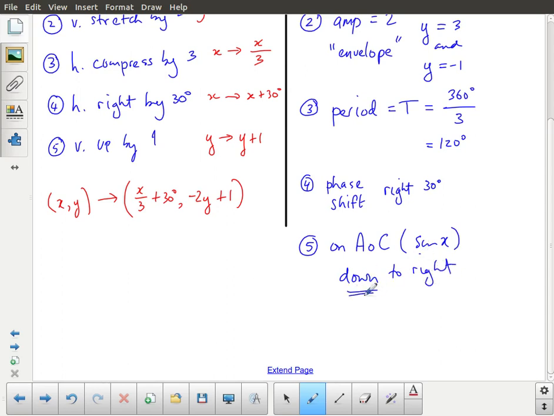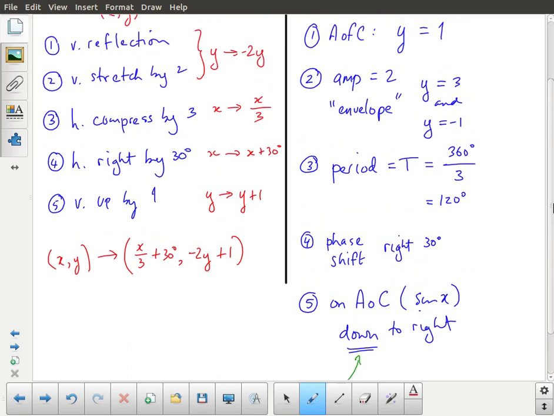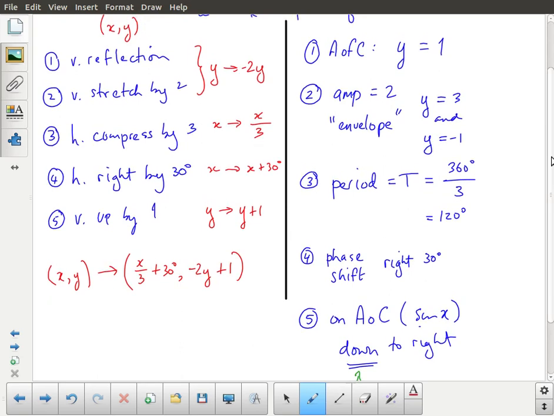And this part, the fact that it's going down here, that's because of the vertical reflection. So hopefully that's clear. Now, these things always become clearer, at least I hope they do, once we draw them. So let's move on to that now.